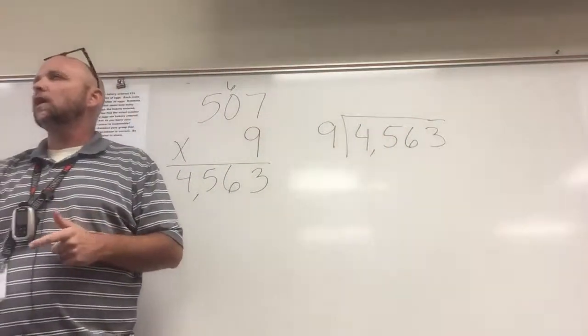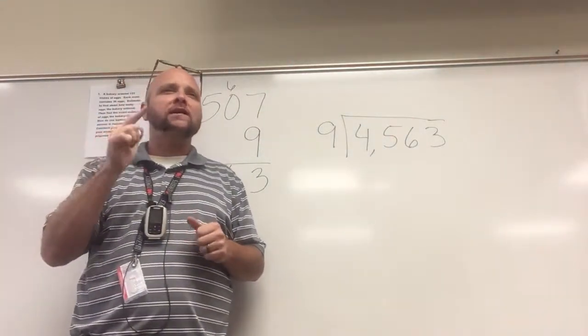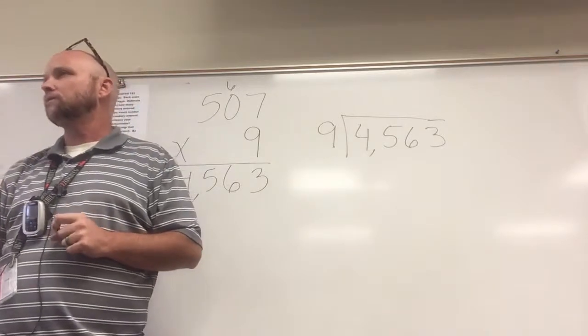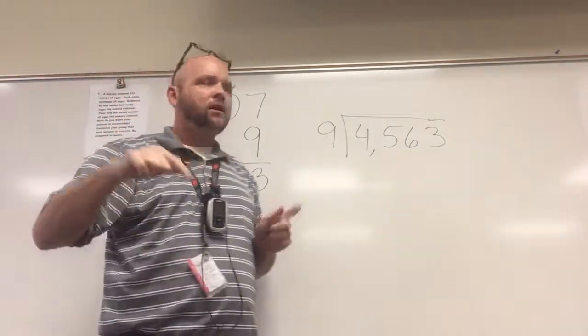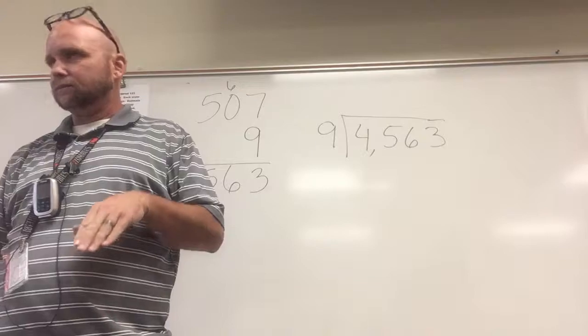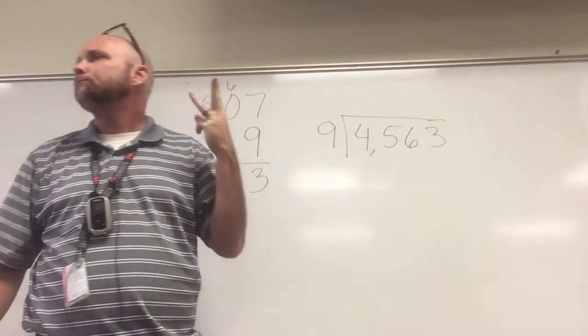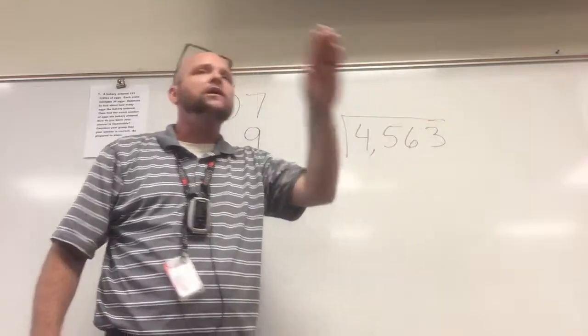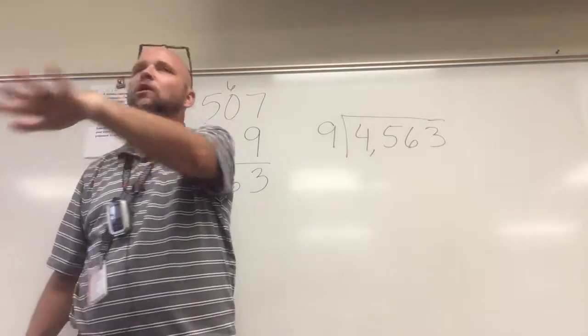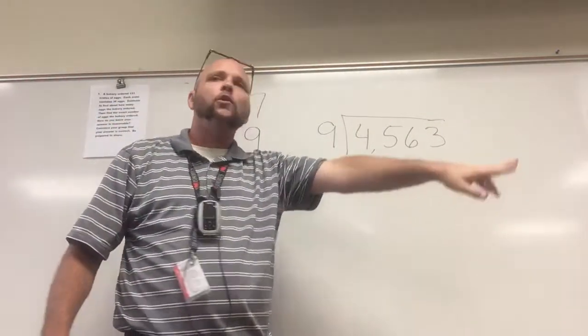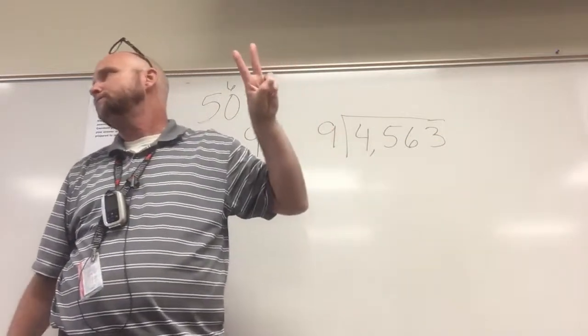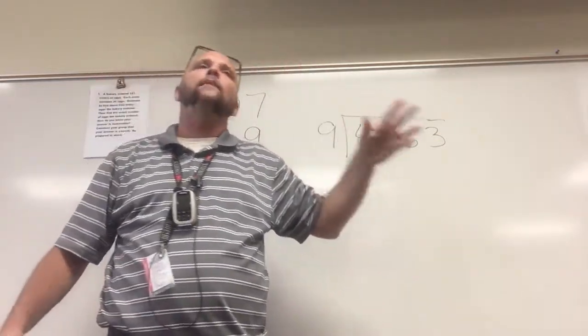Now I'm going to tell you right now where some of you would get this wrong. My answer is going to be a 3-digit number. Some of you, if I didn't go through this slowly and show you, would get an answer of a 2-digit number. And I'm going to show you why.